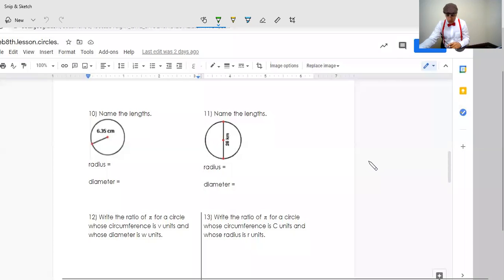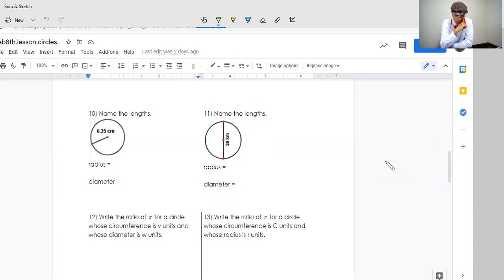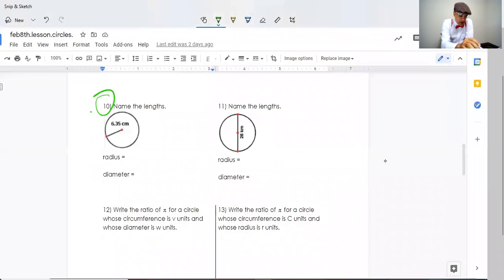Okay, I just want to do one question on the area of a circle. So let's go back to the first questions on this document. Let's look at number 10. So number 10, it says the radius is 6.35. So if the radius r is 6.35 centimeters, I want to find out the area, the space inside this circle, how much space is in there.